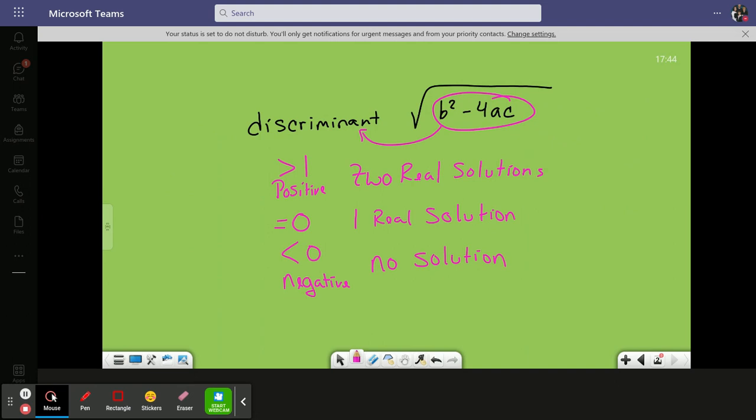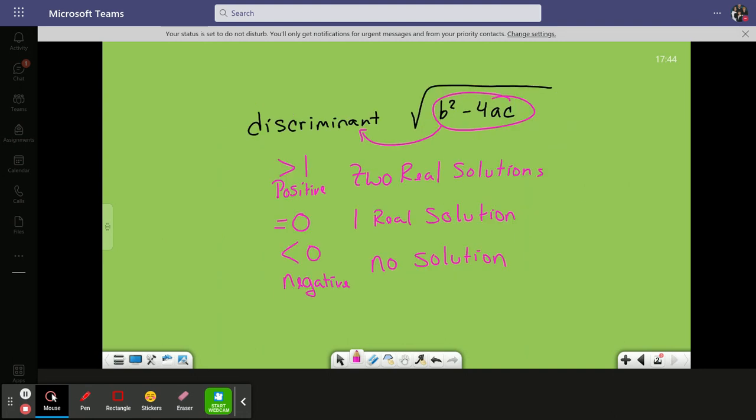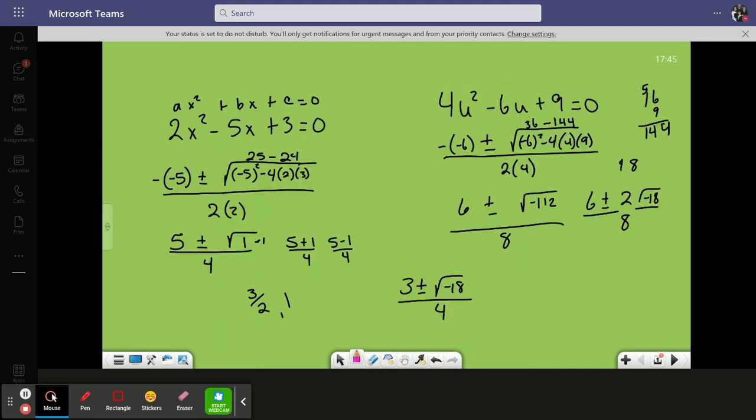So just like that last one we did right here where it came out negative under here, I know that my graph is going to look something like this because I have a negative up under my radical. If I have 3 halves and 1, that's 2 solutions.